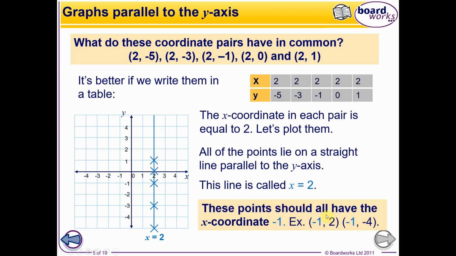These points, as I already said, should all have the x coordinate minus 1, like for example minus 1 comma 2 or minus 1 comma minus 4, okay, and I can list others, for example minus 1 comma minus 2, minus 1 comma 4. Those are all points on that line. This line, since it passes from x is equal to minus 1, it is called x is equal to minus 1. Okay?